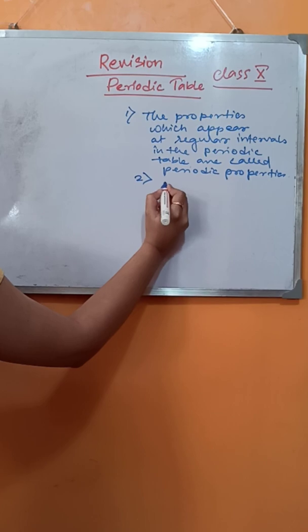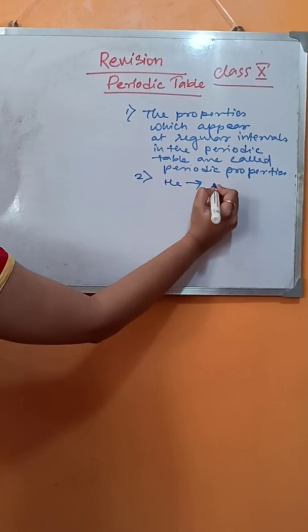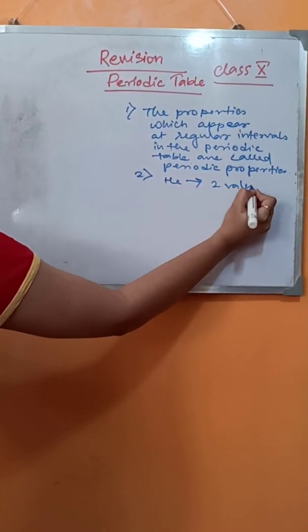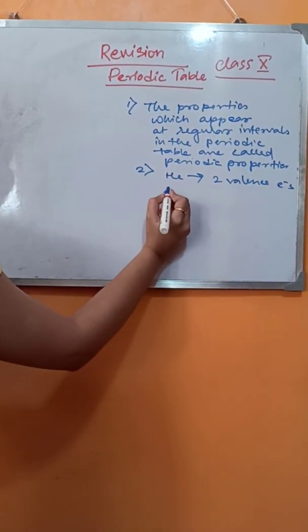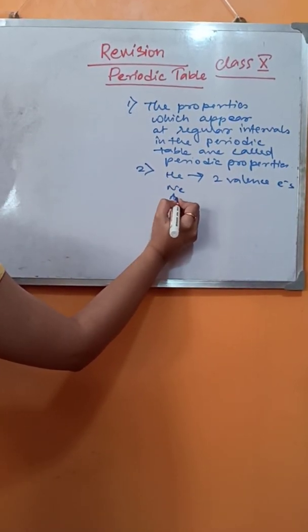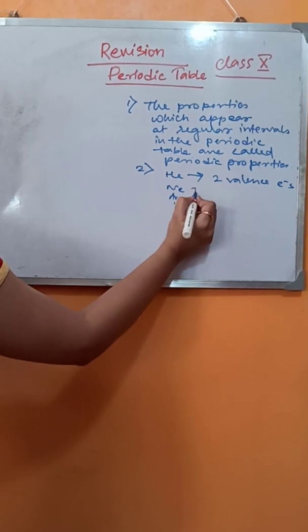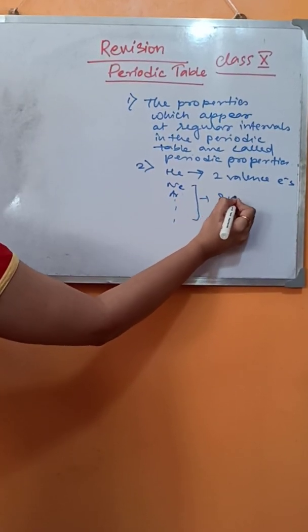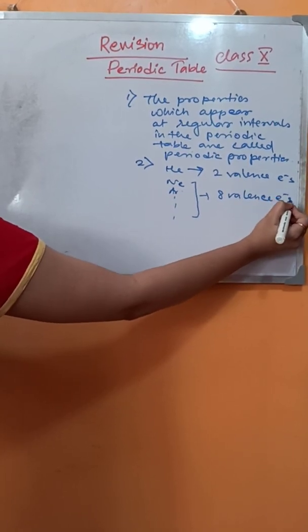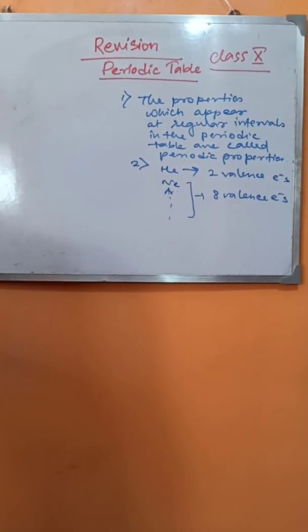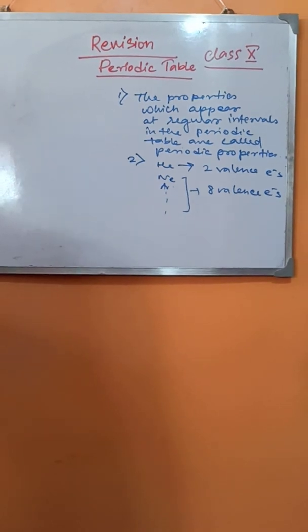Helium has 2 valence electrons and the other noble gases, neon, argon, and so on, have 8 valence electrons. So their outermost shell, or the valence shell, is completely filled.